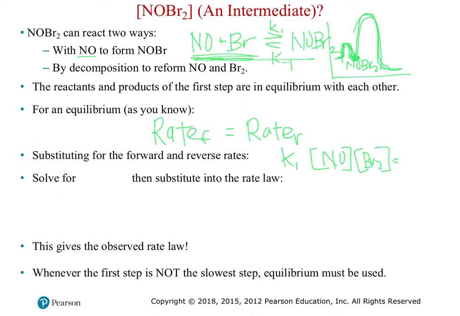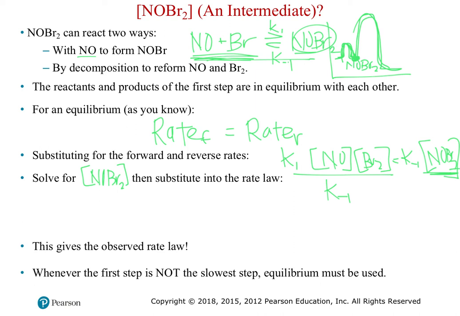That is equal to our reverse rate, where the intermediate's the reactant. So now what we can do is solve for this guy, get it all by itself by dividing by K negative 1. So we're going to solve for our intermediate to plug in to our last slide where we didn't have it.